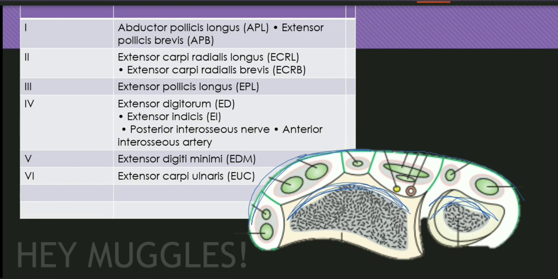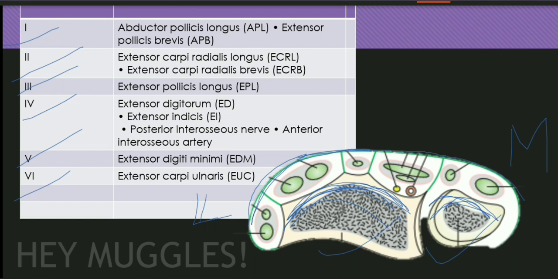So the space deep to the extensor retinaculum has been divided into 6 compartments with the help of your 5 septa. The septa extend from the extensor retinaculum to the dorsal aspect of your lower end of radius and ulna bone. These compartments are numbered from 1 to 6, from your lateral to medial side. This is your lateral side and this is your medial side.